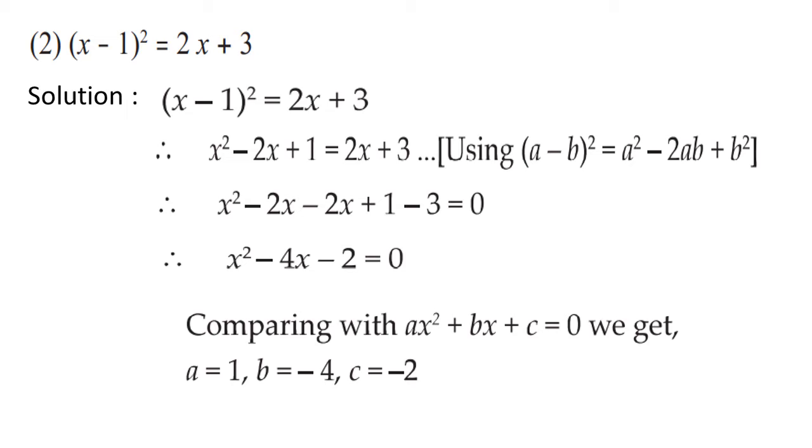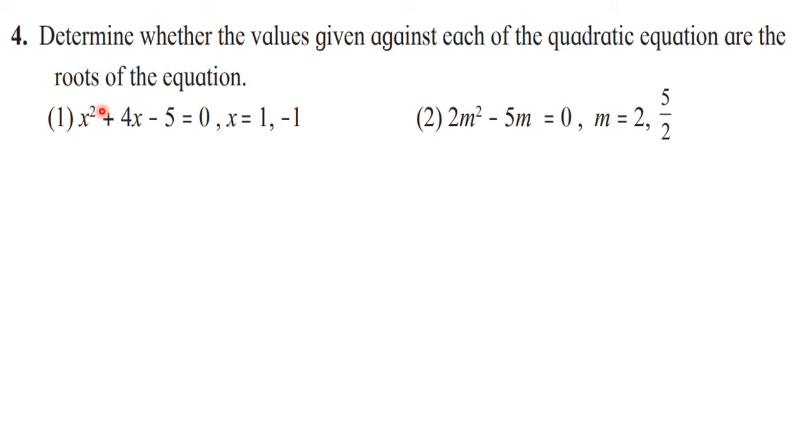Now let us go ahead. The next type of question is: determine whether the values given against each of the quadratic equations are roots of the equation. Now this question can come for 1 mark or it can come for 2 marks also. Here what you have to do is put the given value in the equation and check for LHS.